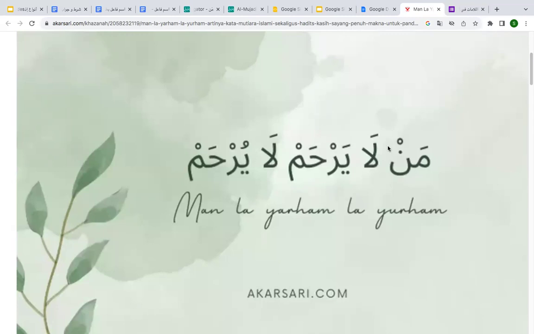When you are looking at the whole picture, the big picture, which is la yarham, la yurham, you call it fi mahalli raf'in khabru man. But when you are looking at just la yurham, which is jawabu shart, if your jawabu shart is not preceded by fa or iza, what are you going to call that sentence?